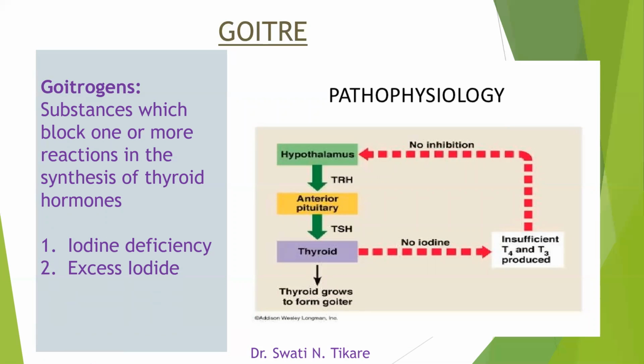Both iodine deficiency and excess iodide block it. Next, a group of vegetables, the Brassicaceae family, which includes cabbage and cauliflower and such vegetables, also have certain goitrogenic substances within them, which can reduce the T3, T4 levels. So this is the pathophysiology.